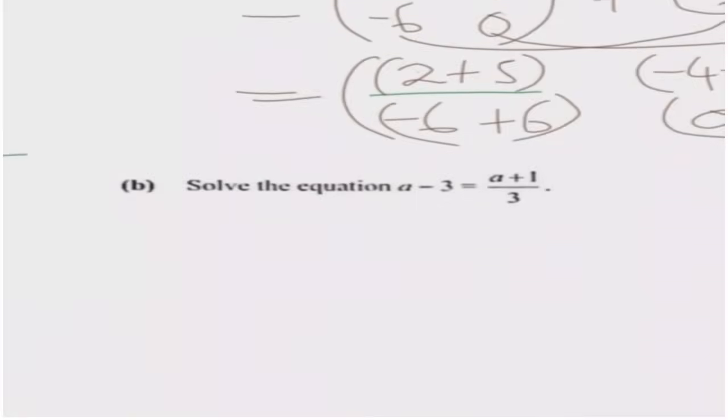So let's come to question 8b, which is: solve the equation a minus 3 is equal to a plus 1 over 3. To solve this one, we're going to rewrite the expression.